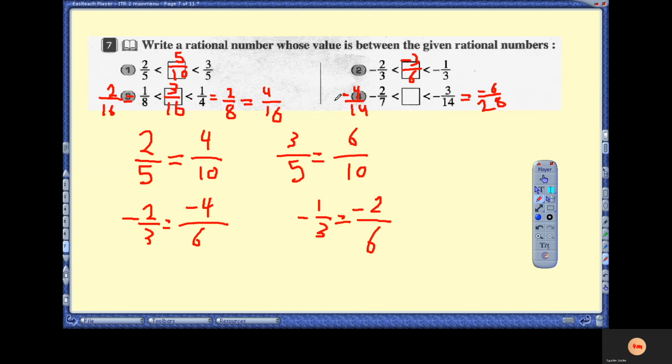Multiply by 2 and here negative 6 over 28. So here you will put negative 7 over 28.